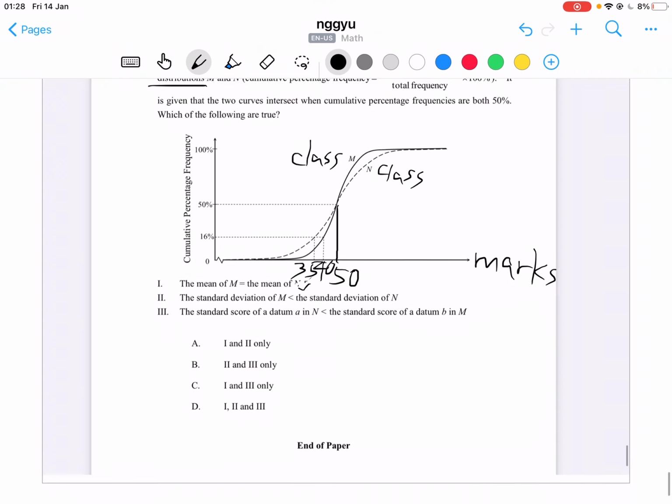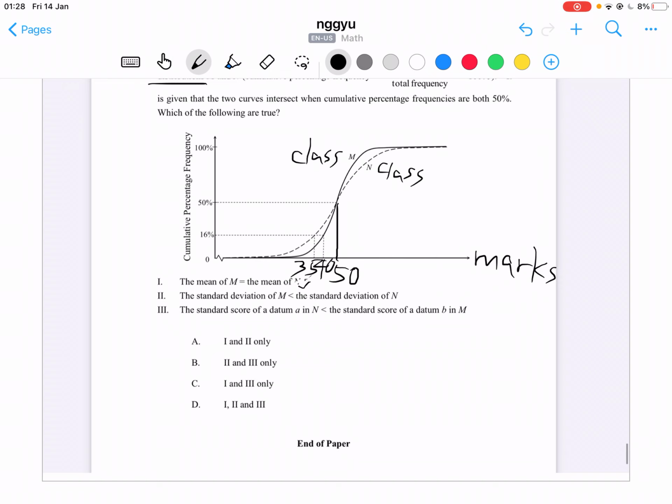So how can we consider the standard deviation? We look at the whole set of data. If the set of data is more converged, then the standard deviation of the set of data will be smaller.